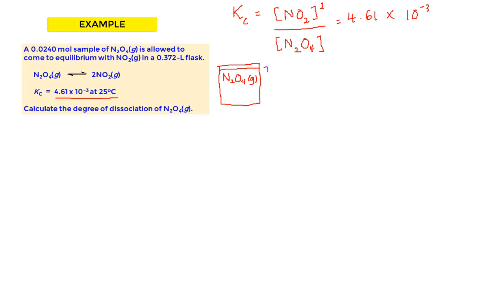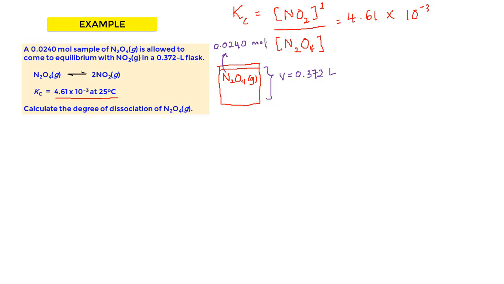The volume of the flask is 0.372 liter. How many moles of N2O4 was placed in the flask? Initial mole untuk reaktan N2O4 yang dimasukkan ke dalam bekas ini adalah 0.024 mole.